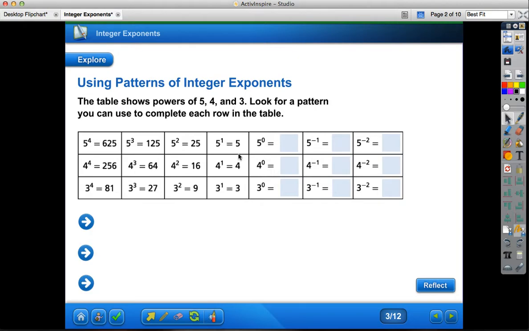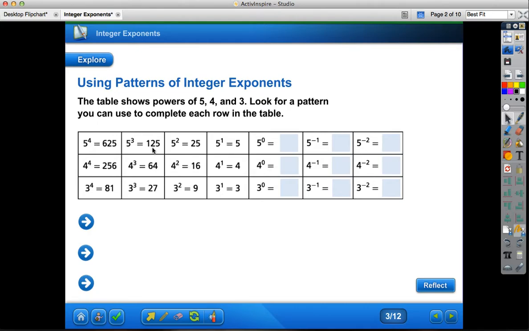All right, so I don't doubt that you noticed that the numbers, the answers, get smaller every time. Now, I know these are bigger numbers up here that we don't usually deal with on a day-to-day basis, but another pattern that you could have found is that as you go down the row, 625, if I divide it by 5, I get my next answer.